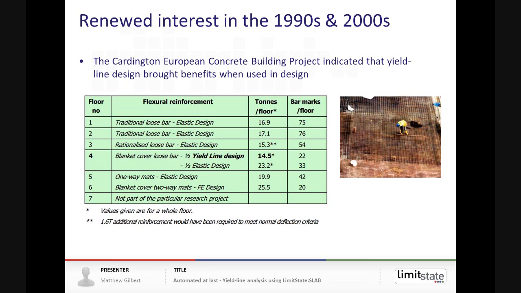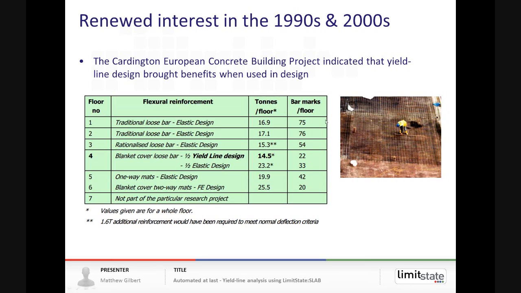And what they found was that when yield line design was used, they ended up with relatively low amounts of reinforcement in terms of weight. So we've actually got 14.5 tons as opposed to, at the other extreme, 25.5 tons with finite element design methods.